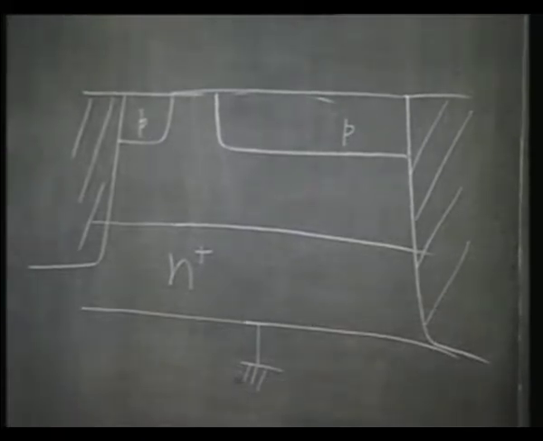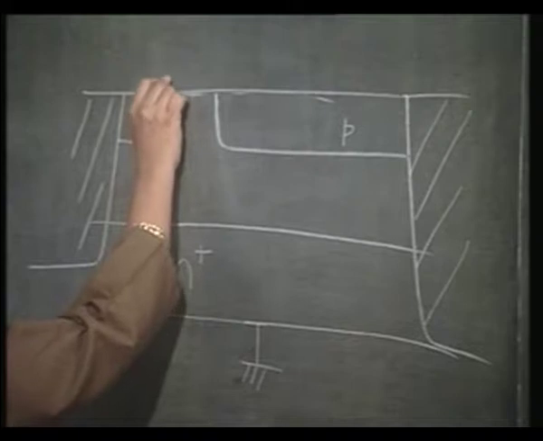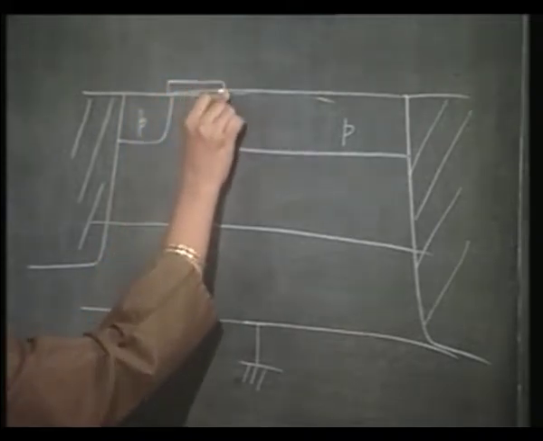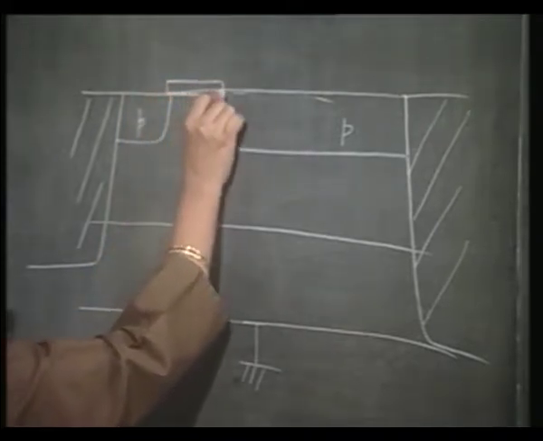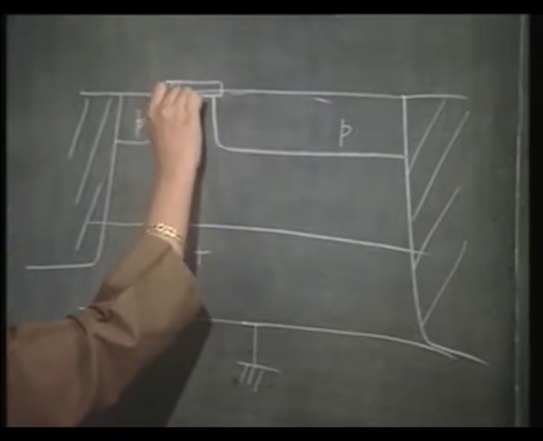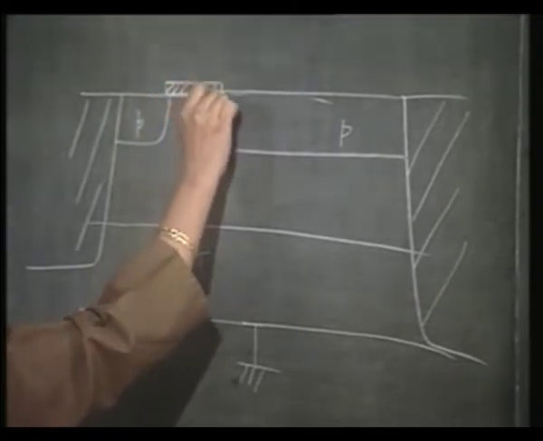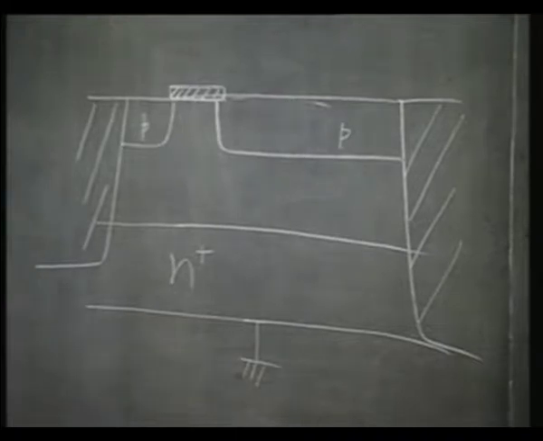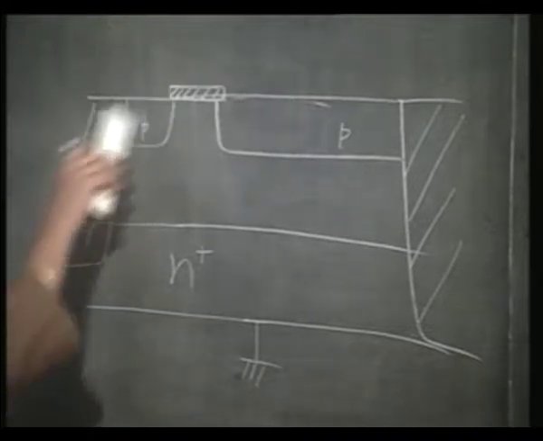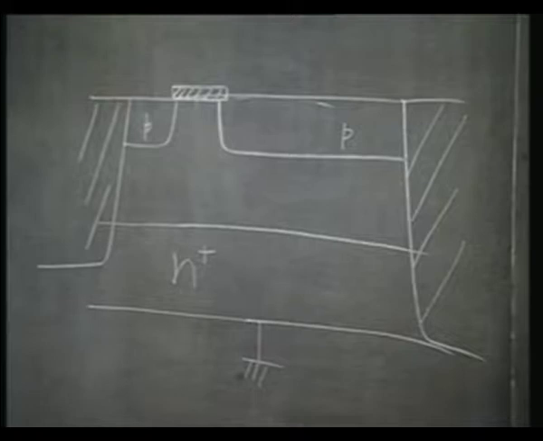Then we grow a thin oxide over this. This is thinner than this oxide, but it is not very thin, it is thick enough to mask.